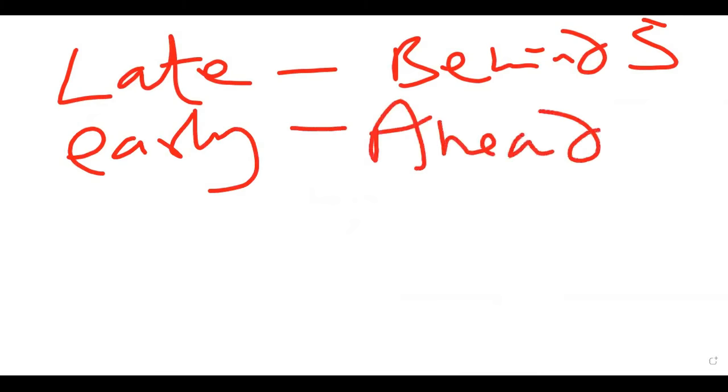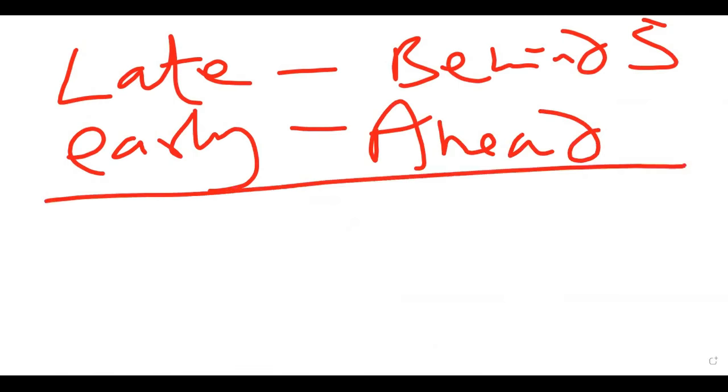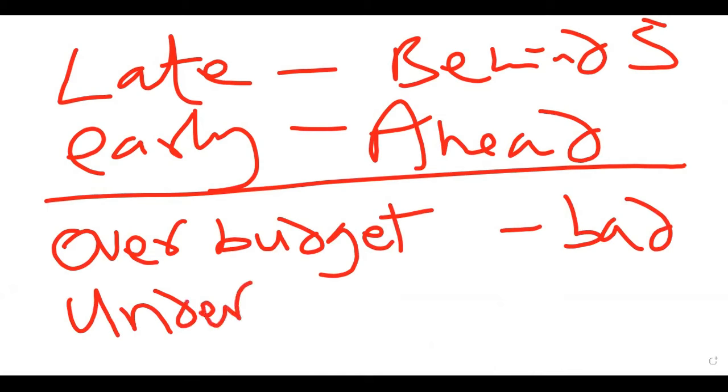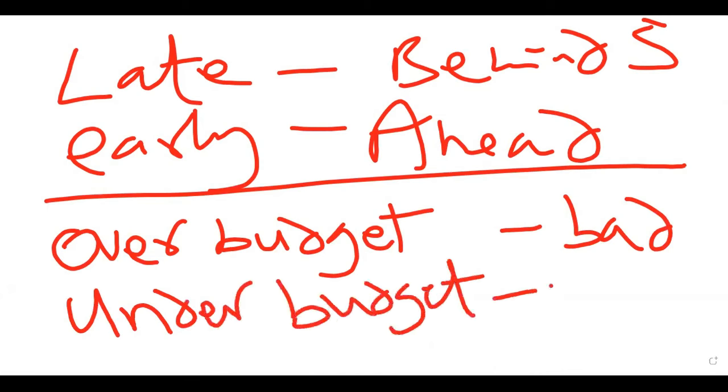Also remember, in terms of budget, if you have spent more, you're over budget, in the hole, as they say. This is a bad situation. Or you could be under budget, which is not a bad situation. Under budget could be looked at as a good or favorable situation, depending.